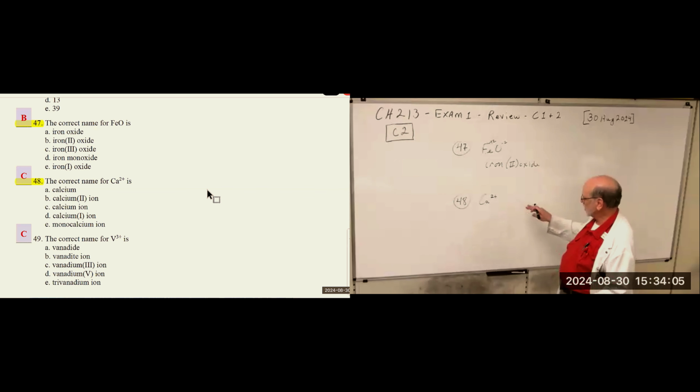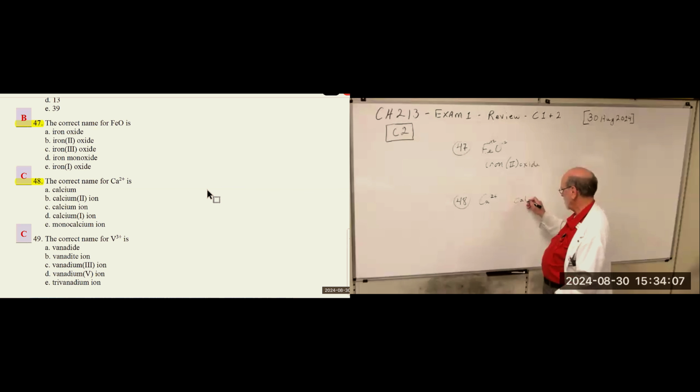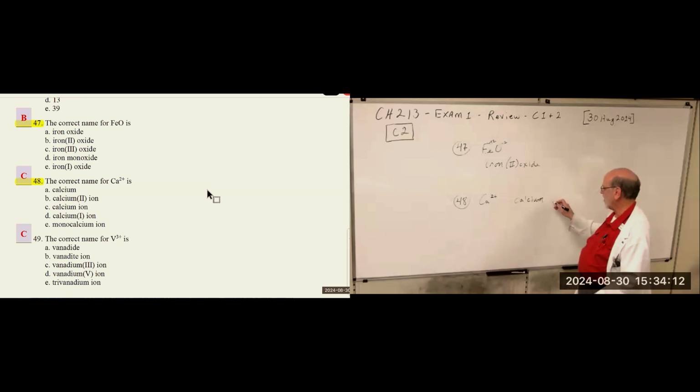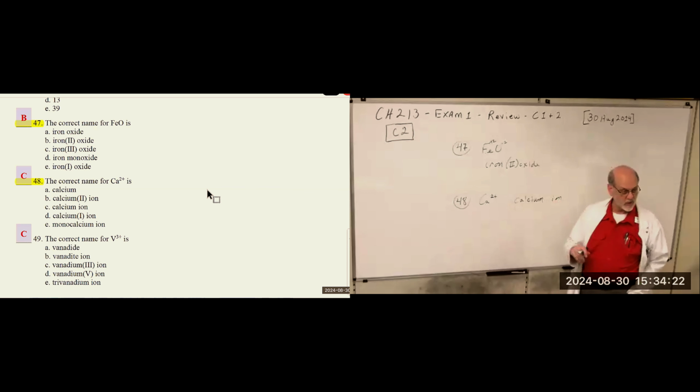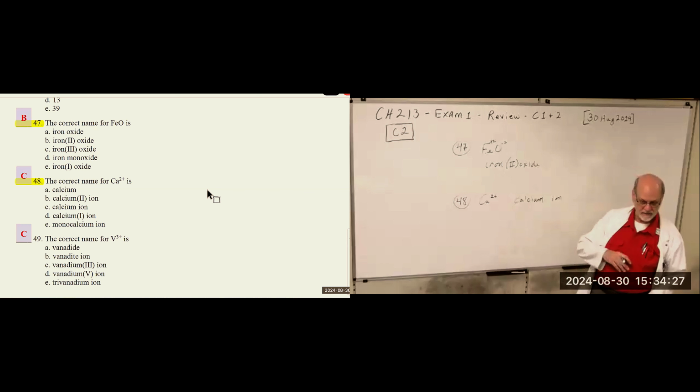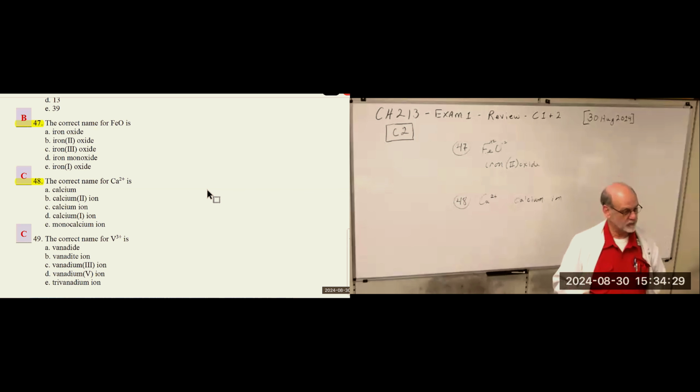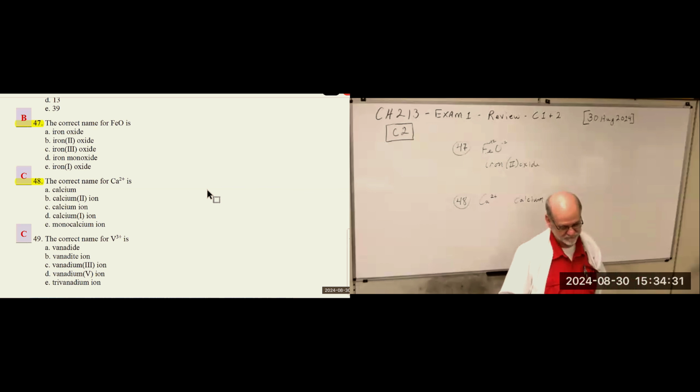So unambiguous would be calcium. But this is an ion. Calcium is an alkaline earth. It only has that one fixed charge. So we don't put the charge number in there. This is a calcium ion, period. It would be redundant to put the 2+ in there.